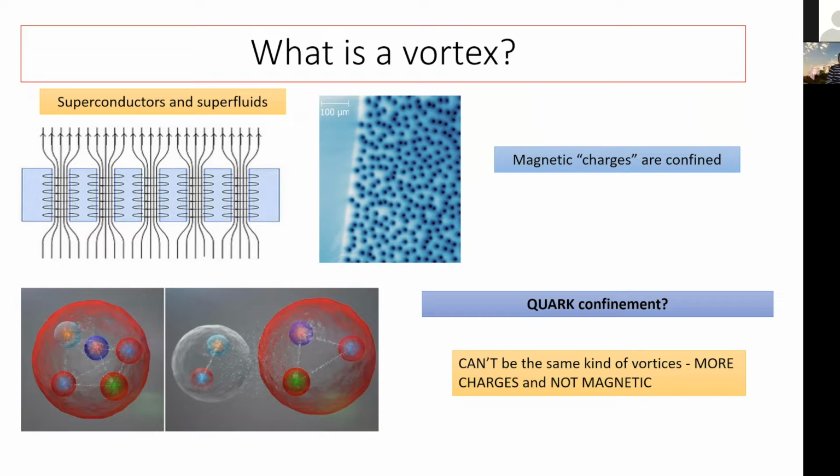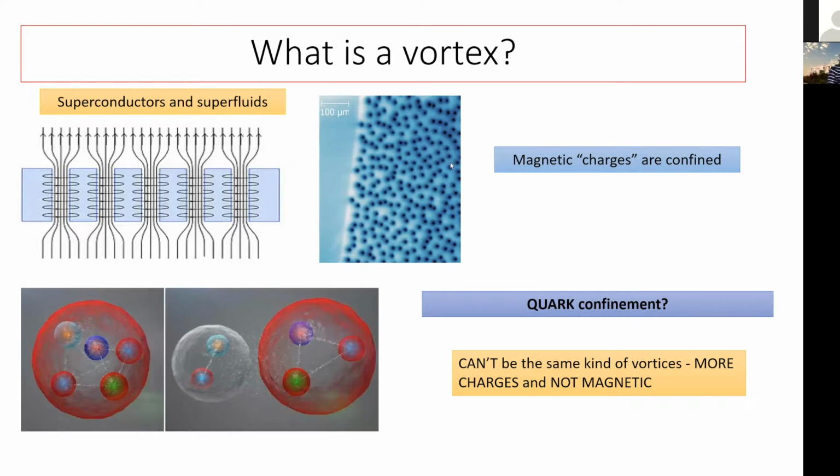Why this occurs exactly, no one knows, but there are various indications coming from lattice QCD or supersymmetric results via the Seiberg-Witten scenario, and various other indications that some sort of solitonic solution resembling a vortex is responsible for the linear potential that we find when separating quarks, and therefore there should be some sort of string or vortex linking these quarks. And this is, hopefully, responsible for confinement.